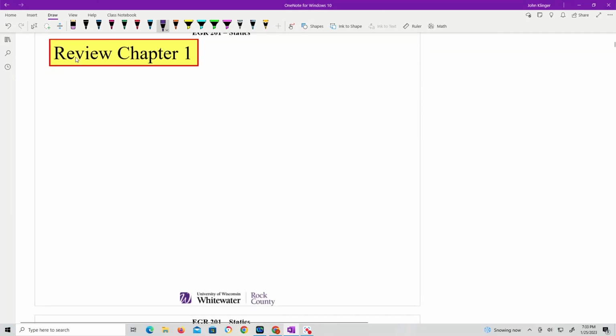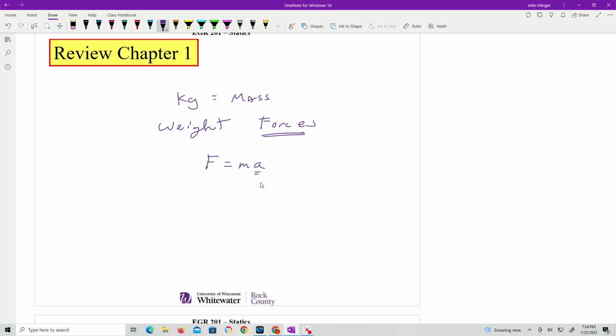All right, just a quick review of Chapter 1. The main things to remember from Chapter 1 is that kilograms is mass, and we don't deal with mass, we deal with weight or forces. This is typically what we say, forces. If a problem is given in mass, we know that we can put it into a force by using F equals ma, right?